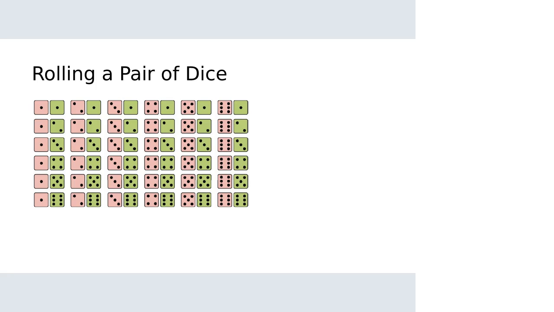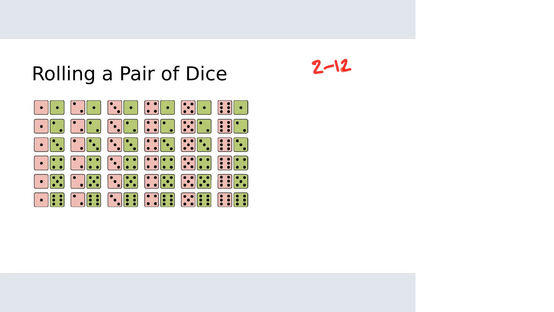Dice and a deck of cards make for excellent probability questions. So far, we've just looked at rolling one single individual die, but we might roll a pair of dice. And when we roll a pair of dice, if you're familiar with games like Monopoly or other kids games, you might think, well, the only outcomes are 2 through 12.